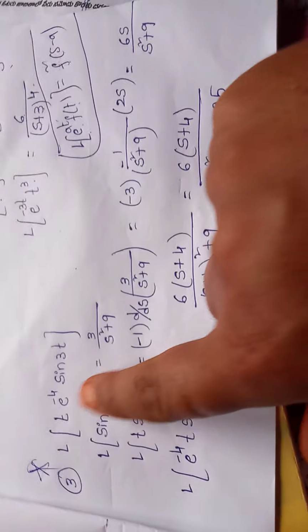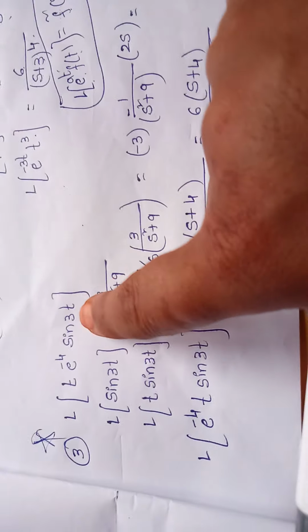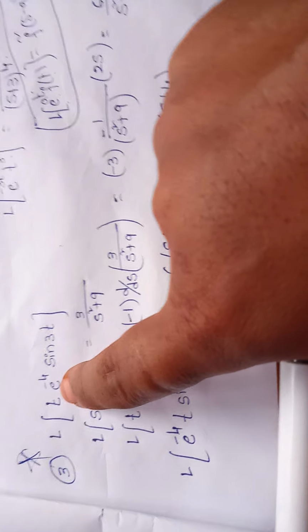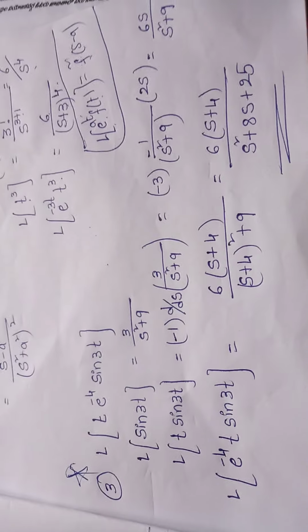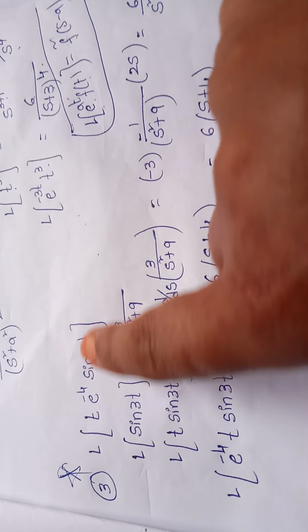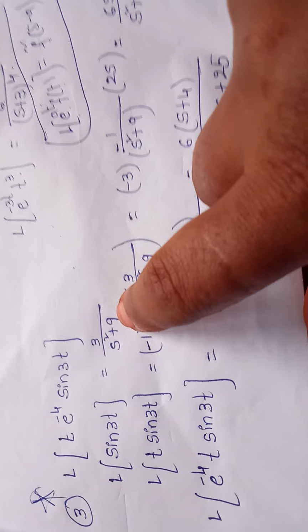Another important problem, multiplication of three values. Here t, e power, sine. These are the three function values. Which can we take first? First you take sine. L of sine at is a by s square plus a square.